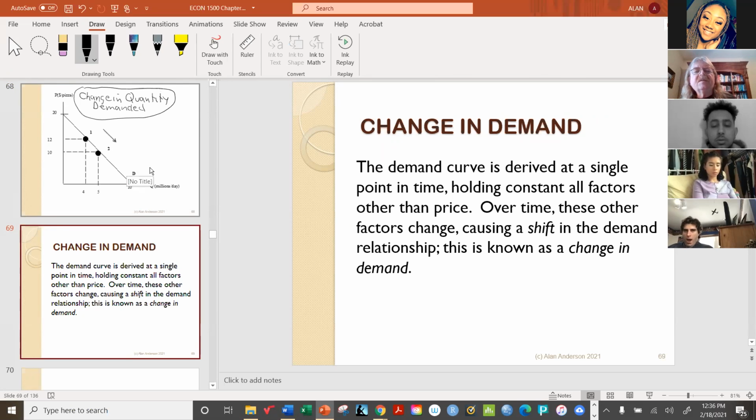So these types of changes, which refer to anything except the price, are known as a change in demand because the entire relationship is changing. And the way that is reflected graphically is with a shift of the entire demand curve. All right, so let's see some examples of this.